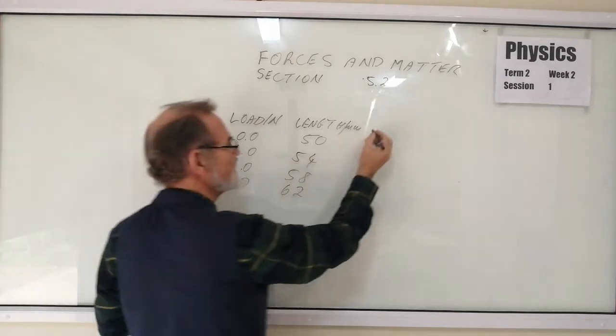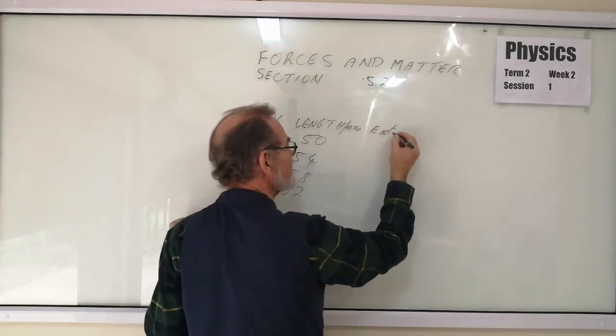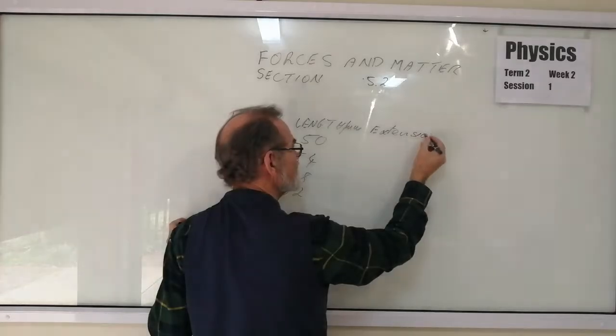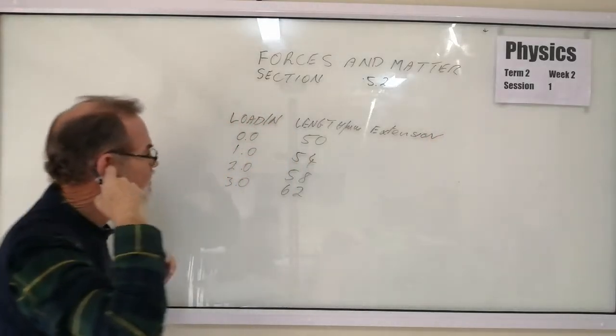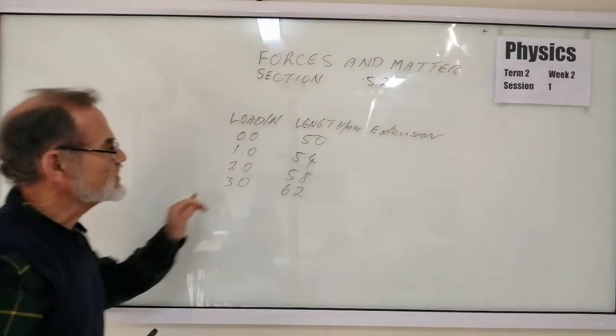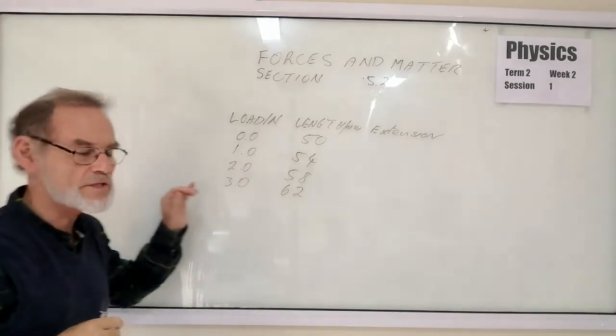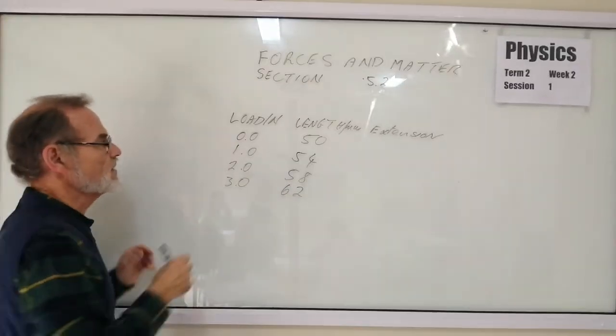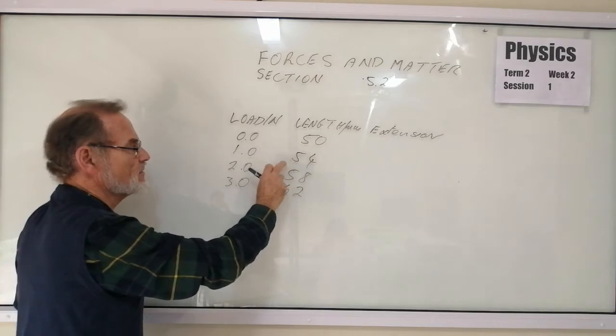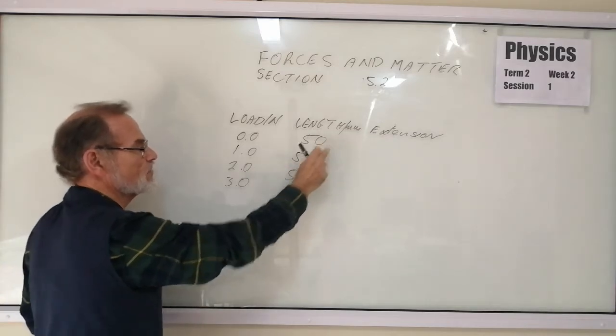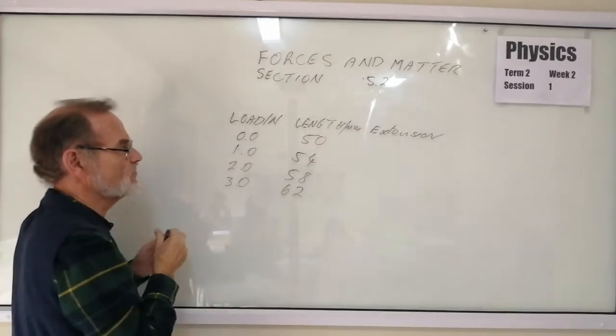So what was the extension? We only measure the extension of the spring. In other words, how much longer does it get? We got to subtract the new length from the original length. Here the original length is 50.